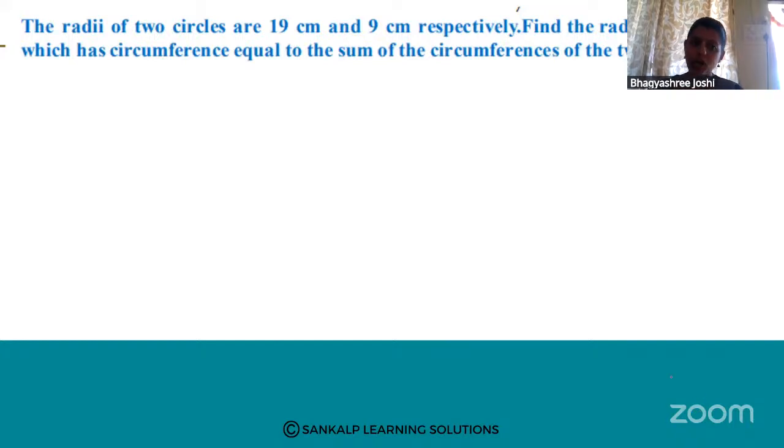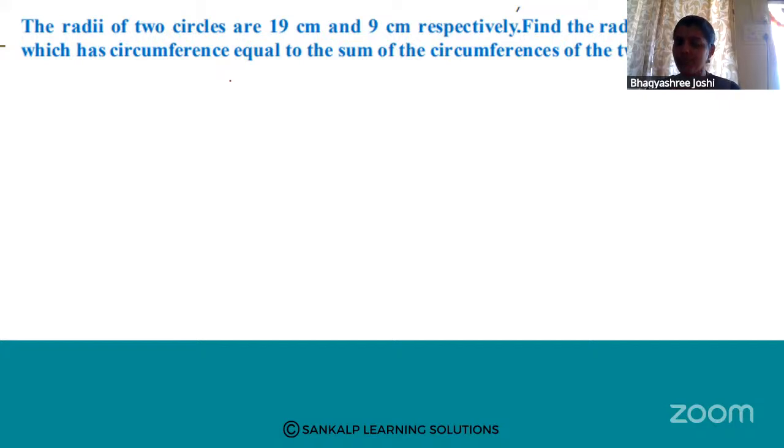See, radii of two circles are 19 centimeter and 9 centimeter respectively. It is also the same problem. Find the radius of the circle which has circumference equal to the sum of circumferences of the two circles. In the previous problem, observe carefully, area is equal to the sum of the areas of the two circles.